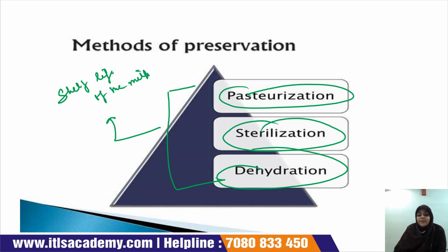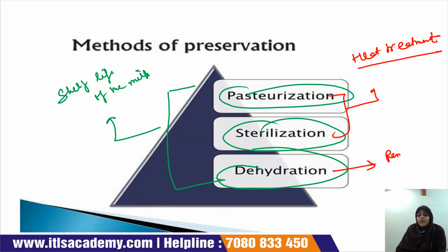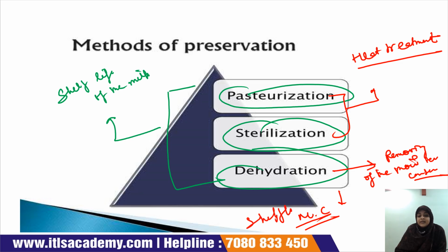Pasteurization and sterilization are heat treatments, and dehydration is the removal of moisture content. When the moisture content is removed, ultimately the number of microorganisms decreases and shelf life increases.